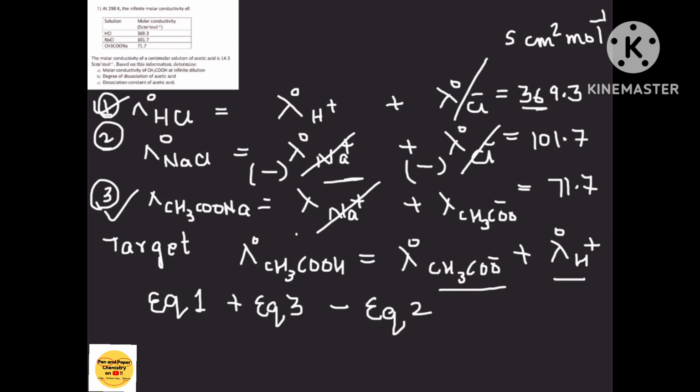Now, the same thing you are going to do to the values which have been provided to you. So, 369.3 plus 71.7 minus 101.7. Please calculate the values and let me know the answer.